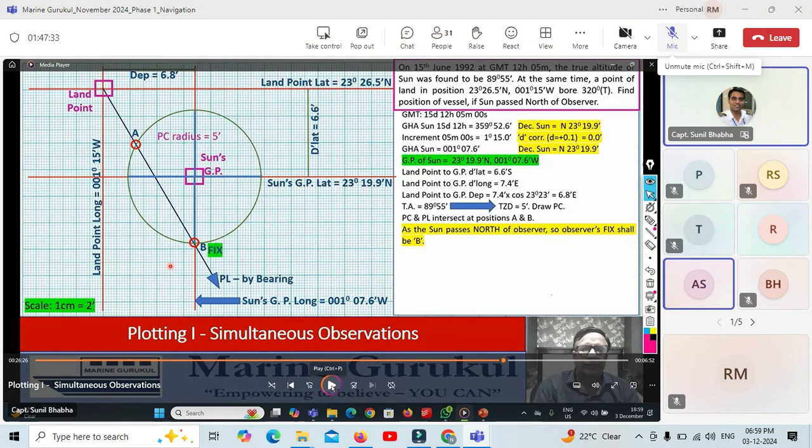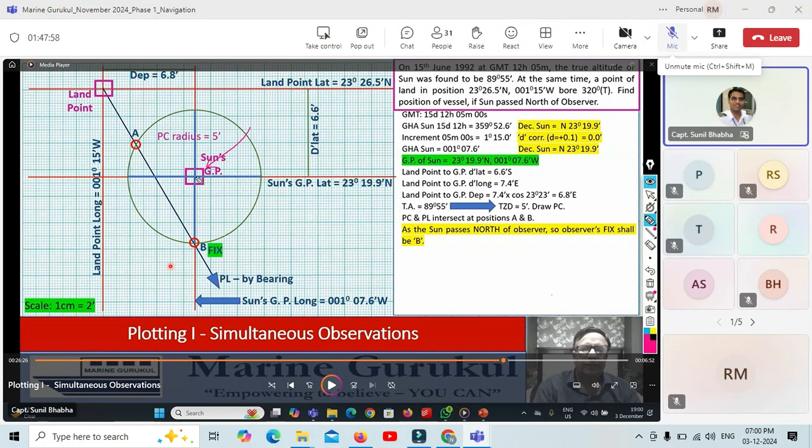Sir, one more thing. In this case, the sun's GP is the position of the observer, that is latitude, longitude, on the earth, correct, sir? No, beta. Sun's GP is not the position of the observer. Sun's GP is basically representing the position of the sun on the surface of Earth.